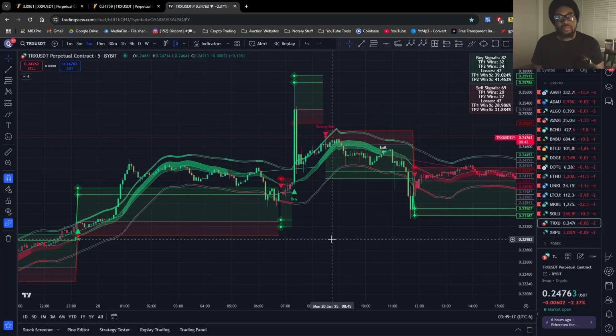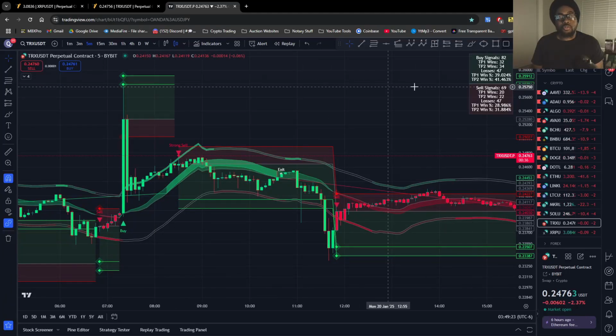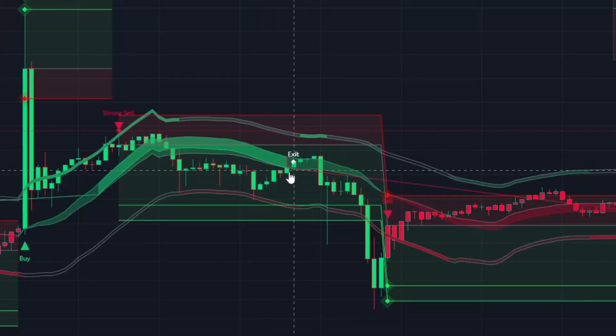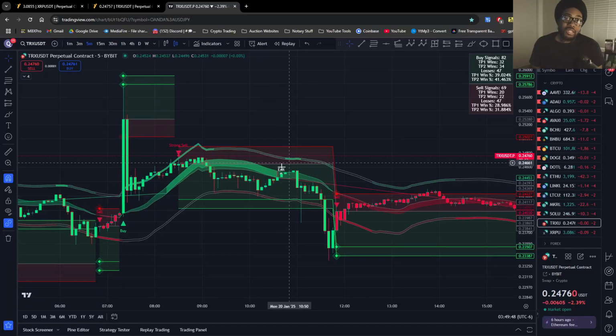Like I said, there's a couple of different things that calculate into it, but something else I added in the most recent version is an exit signal. Sometimes if the price action looks like it's going to go in the other direction, the indicator is designed to give you a potential exit point, just in case it does, so you can still take some of your profits.